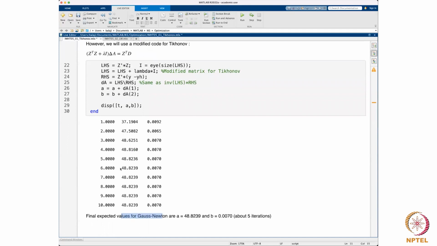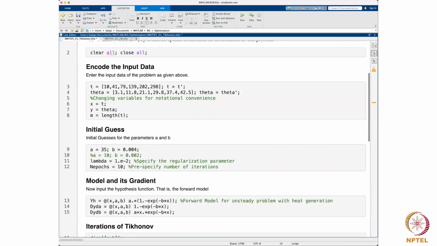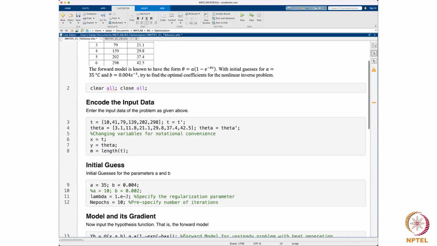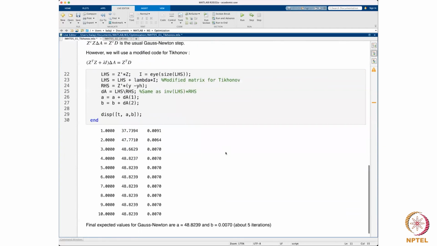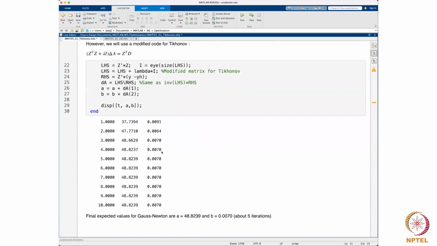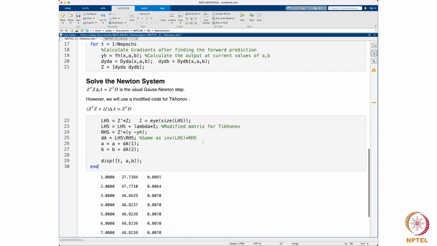So for 10 power minus 2, you have the 6th iteration. So we can try something like 10 power minus 3. So here you see maybe once again the 5th iteration. Now, the important thing here is to see what all these terms are. The left-hand side is a 2 by 2 matrix. So notice, as I had told you before, Z transpose Z is a square matrix. You should remember this from your Gauss-Newton algorithm class also.